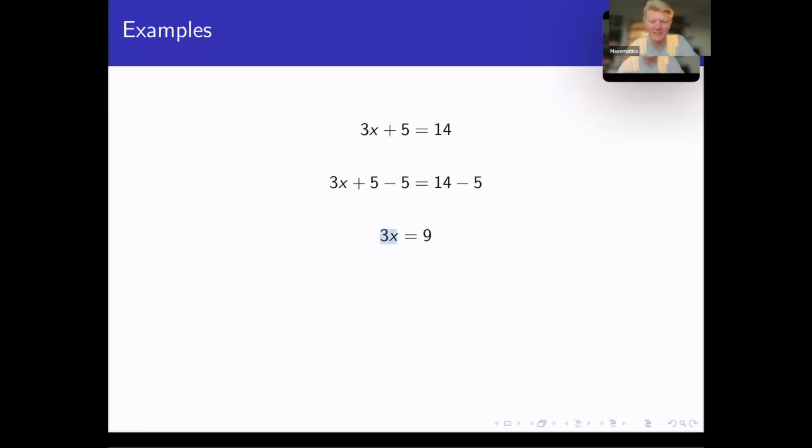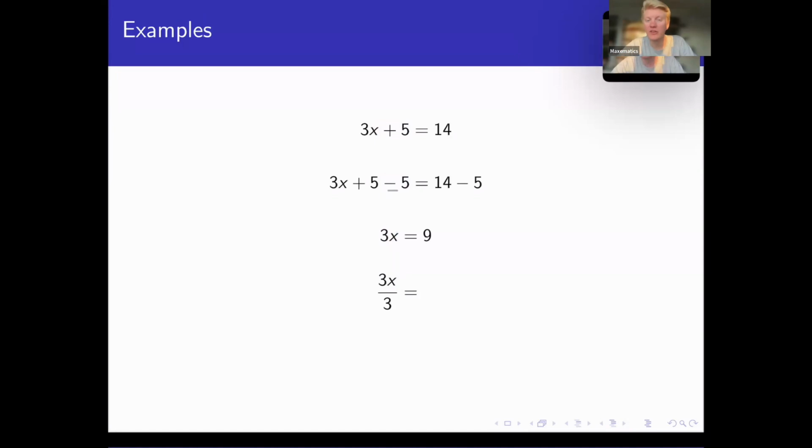Now the x variable term is not quite by itself. We have 3 times x. So when we had plus 5, we undid plus 5 with minus 5. And you could take a guess how we would undo 3 times x. What we're going to do is divide both sides by 3.